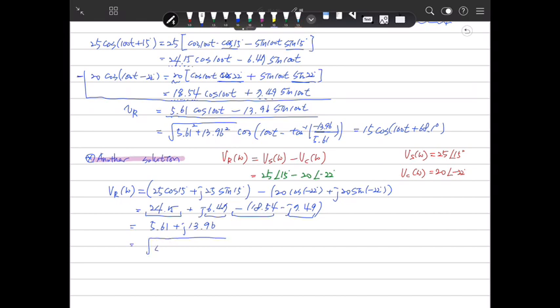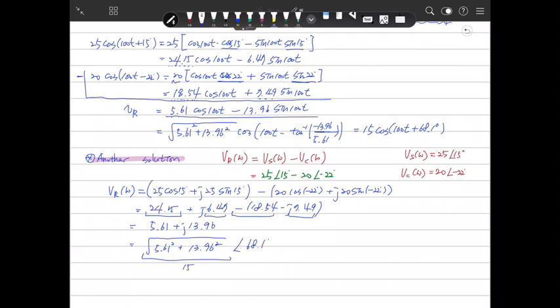So we can calculate that the magnitude over here is the square root of 5.61 squared plus 13.96 squared, and the phase angle over here, because it's positive, is 68.1 degree.